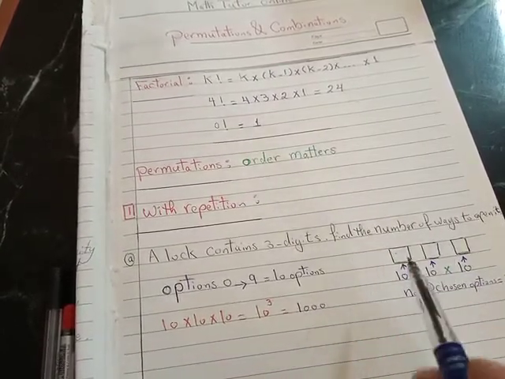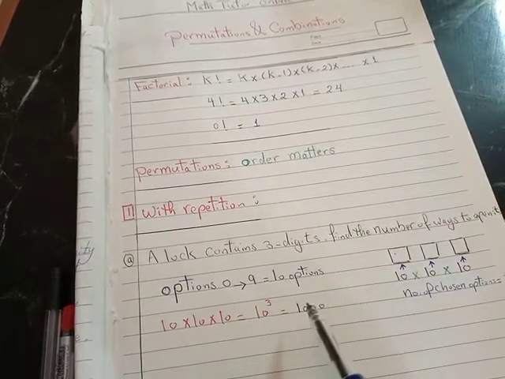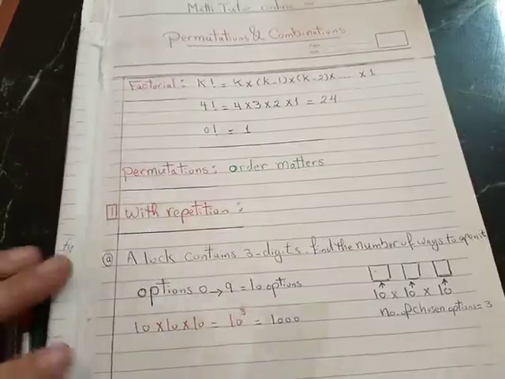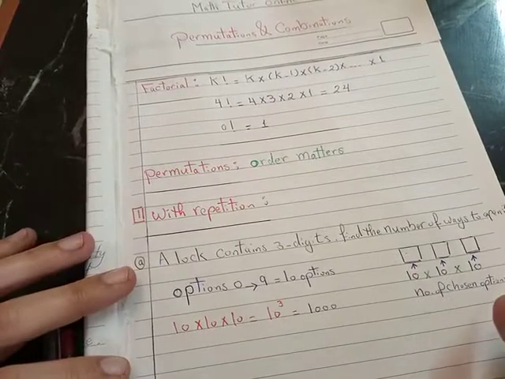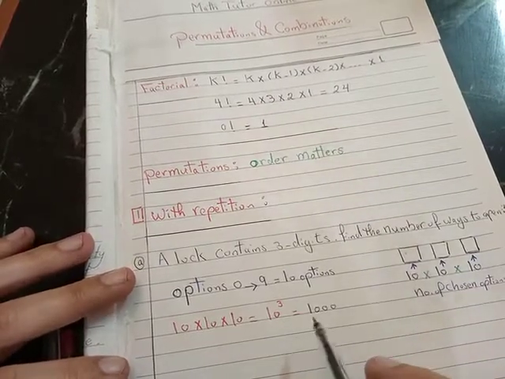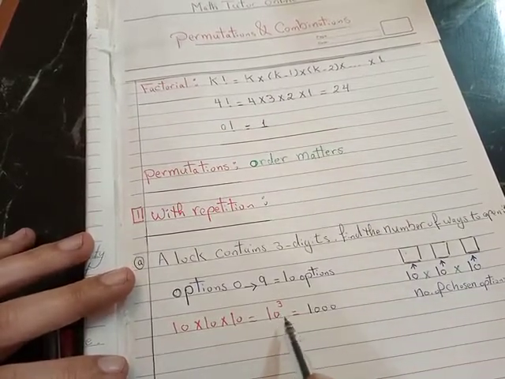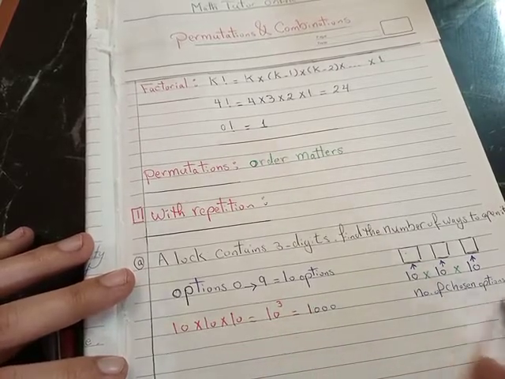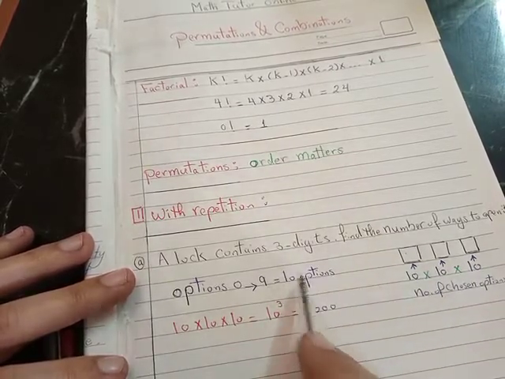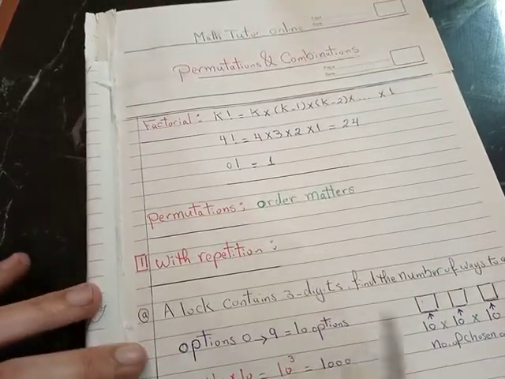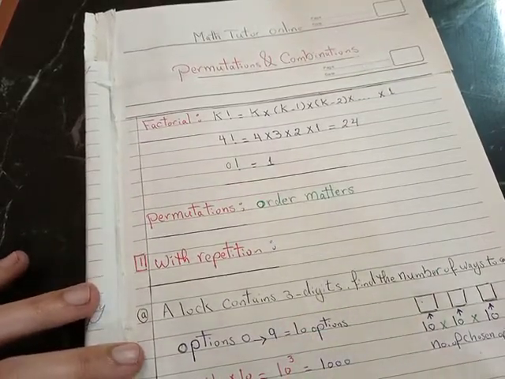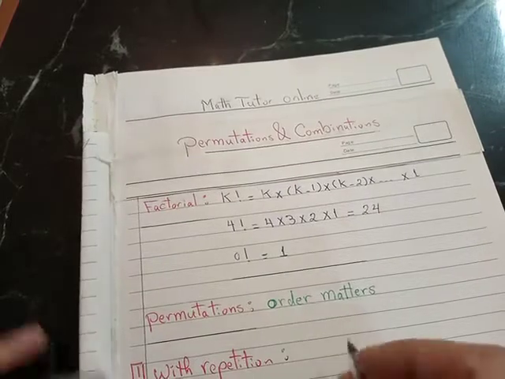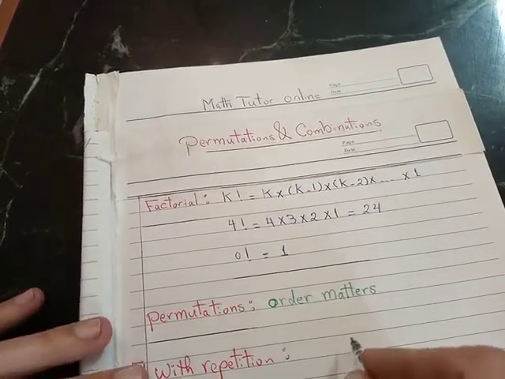This tells us that the total number of ways to open that locker is 10 to the power of 3, which is the number of all options to the power of the number of chosen options. So that's the rule here.